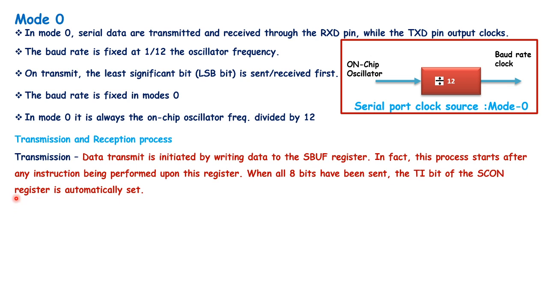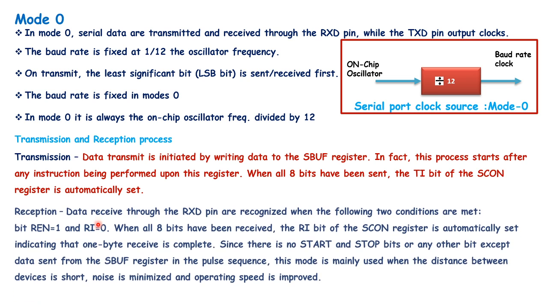In transmission, data transmission is initiated by writing data to the SBUF register. In fact, this process starts after any instruction is performed upon this register. When all 8 bits have been sent, the TI bit of the SCON register is automatically set. In this way transmission takes place.